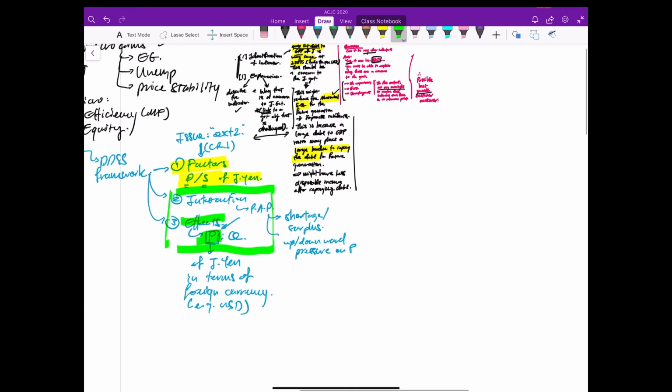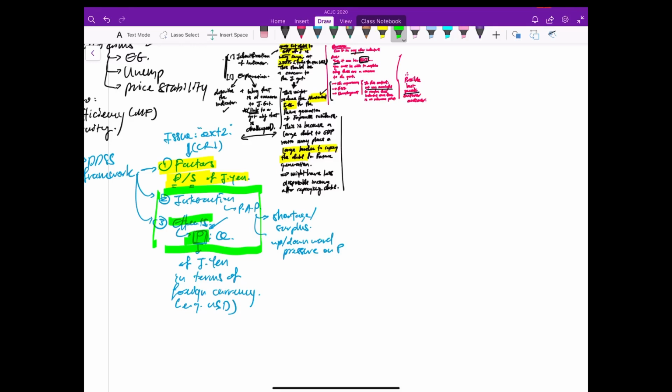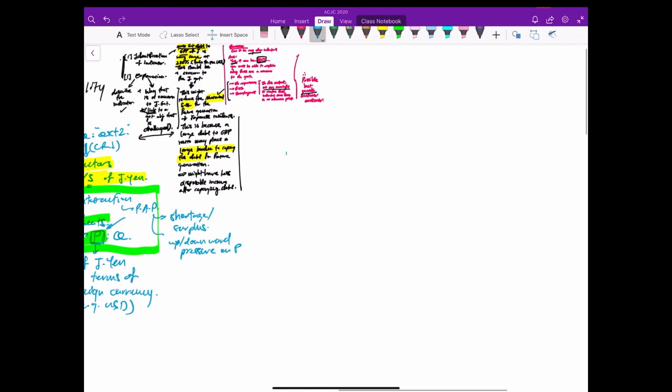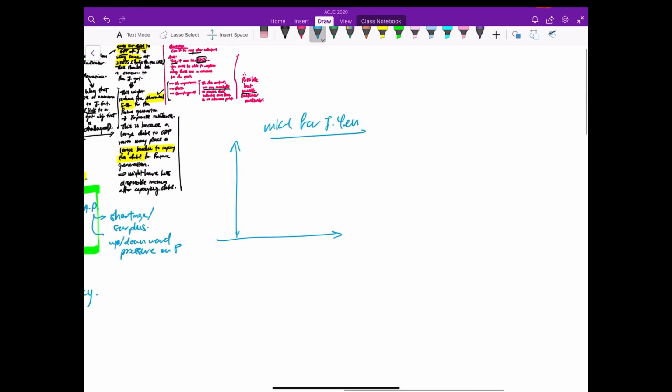Okay. So I just want to go through how this might look in the demand-supply diagram. I said you don't need to draw it, but I want to show you the diagram for some who might find it difficult to follow, just so that it's extremely clear. Okay, so this is the market for Japanese yen. This is the quantity of yen.